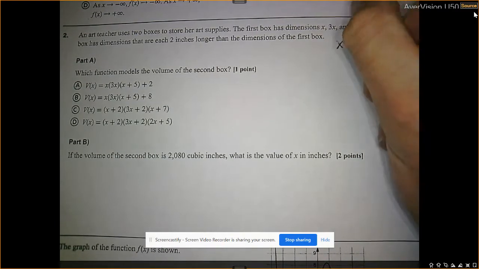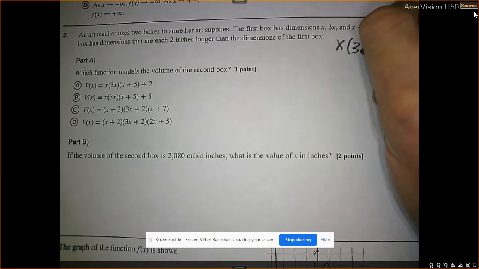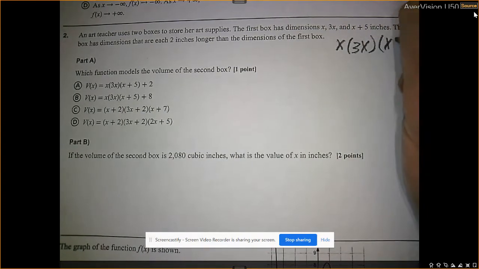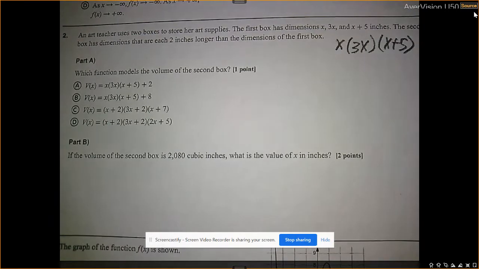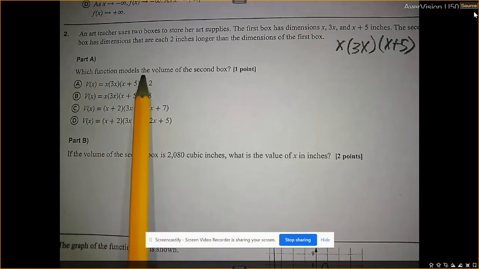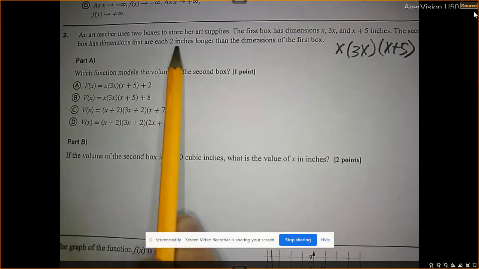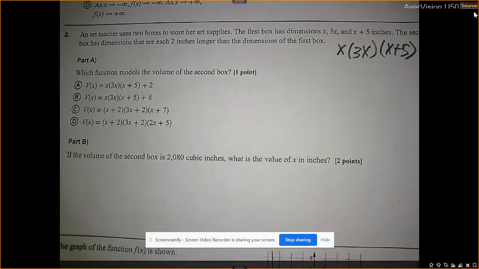So x times 3x times x plus 5. That would be the volume of the first box, but it wants to know which function models the volume of the second box. And the second box has dimensions that are each 2 inches longer.